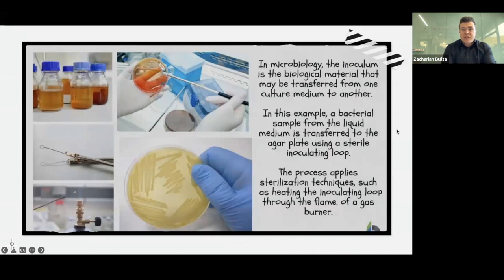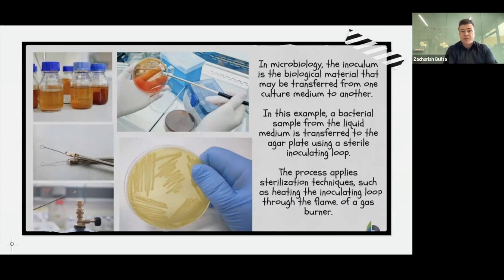So in microbiology, the inoculum is the transferred biological material, and we often use liquid media to grow up large numbers of this bacterium, but then it can be transferred to an agar plate to more specifically focus on single colonies, single CFU, to be able to control for, for example, the genetic makeup of the bacteria that we're looking for.